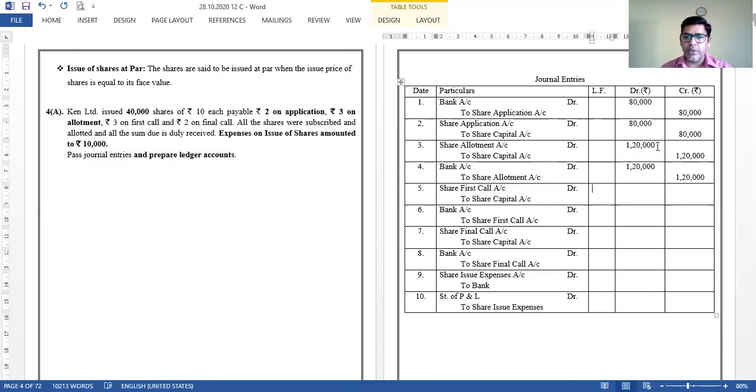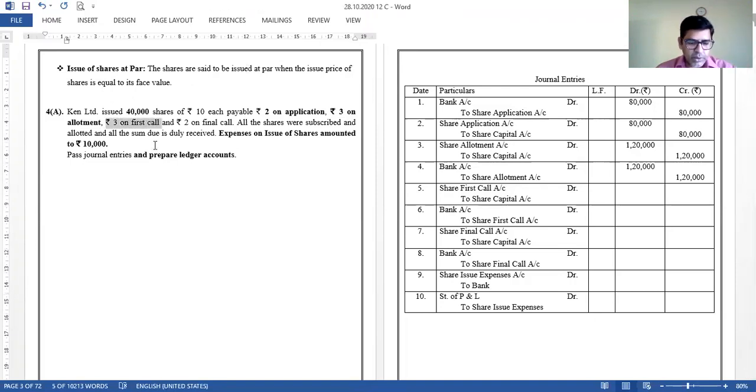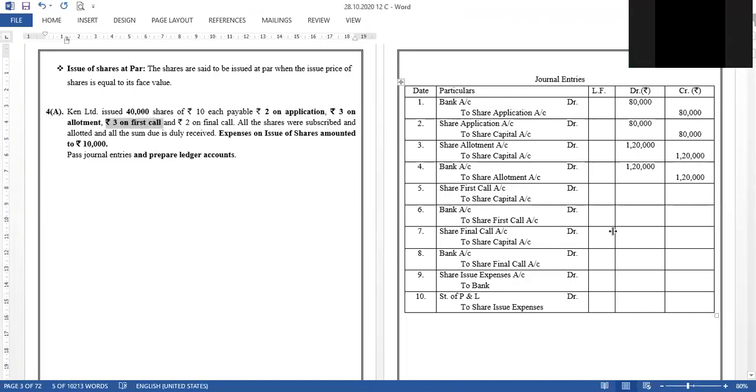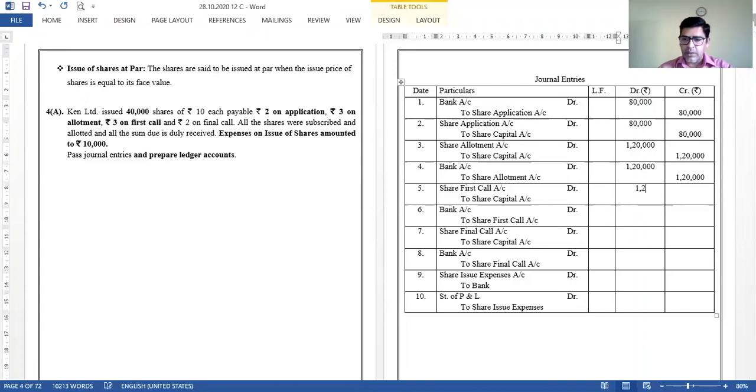Now share first call. Share first call to share capital when the first call money is due. How much is the call? First call is rupees 1,20,000. 1,20,000 again. Yeah, that's correct. So 1,20,000 is the call, and bank to share first call is 1,20,000. Amount has been received in full, so that's why I'm writing this amount. Share final call to share capital. What is the share final call per share?